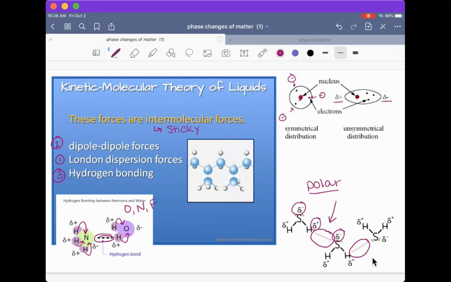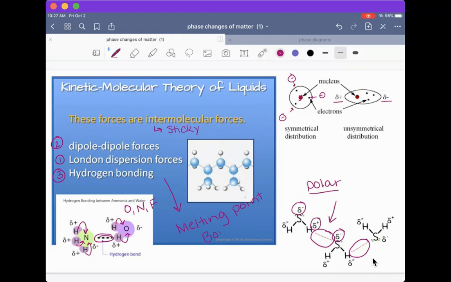If a molecule or a particle has all three of these forces, they are going to have a very, very strong attractive force, and it's going to give them very high melting points. It's going to take a lot of energy to get these types of substances to melt from a solid to a liquid, or it's going to be very hard to get them to boil.